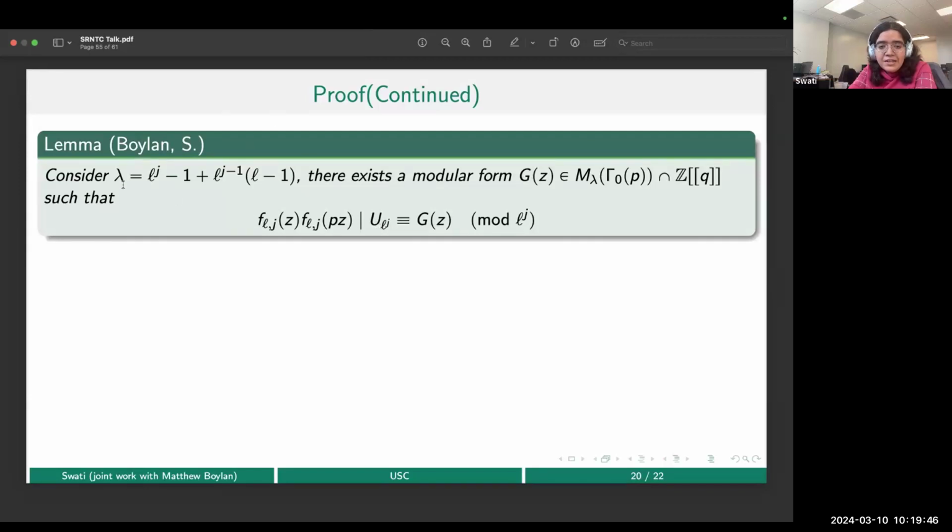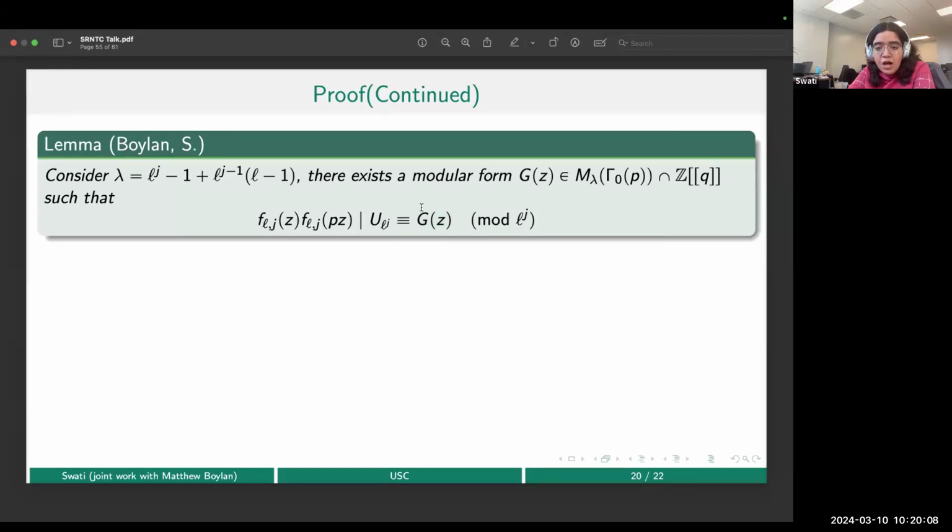So if we take lambda to be this integer, then there exists this modular form of weight lambda, level p, with integer coefficients, such that the product that we discussed acted upon by ULJ is congruent to GZ mod LJ.